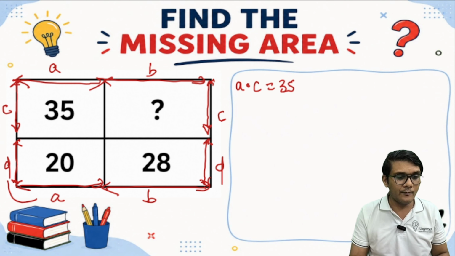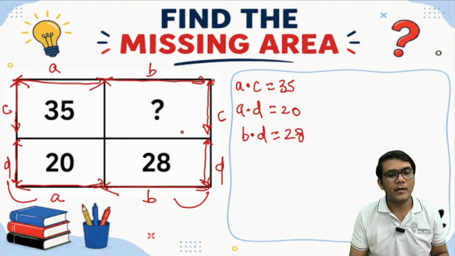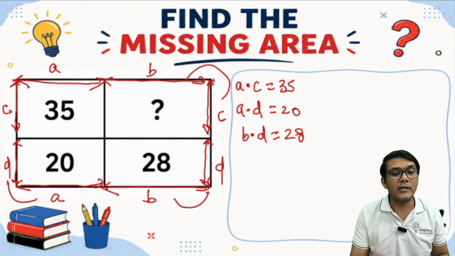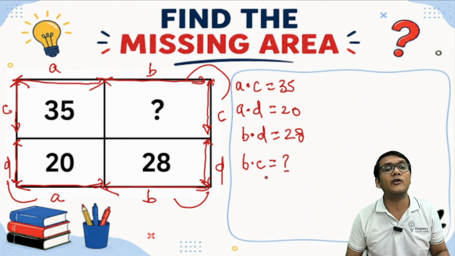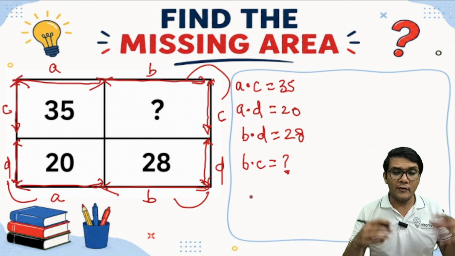In the same manner, A into D will be 20. B into D will be 28. B into C is not given to us, and that is exactly what we want to identify. Now we have reached this step.